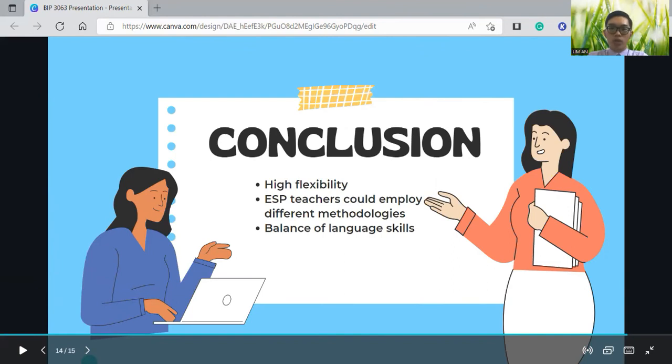And speaking of which, it is also important to bear in mind that designing tailor-made ESP materials by the teacher is a time-consuming activity, and it is not very economical. Therefore, designing them from scratch is best regarded as the last resort, which means it's not recommended.